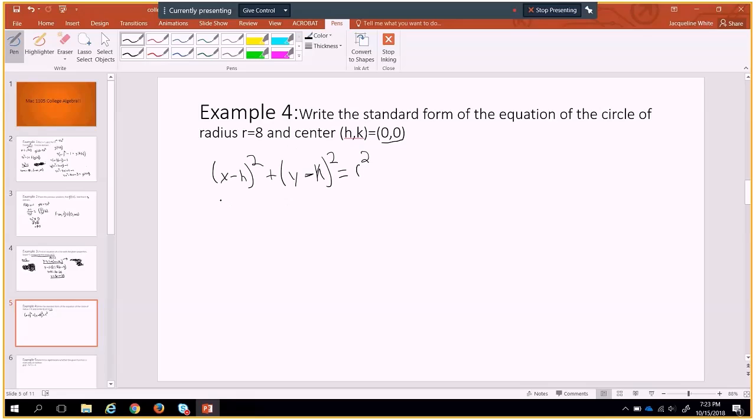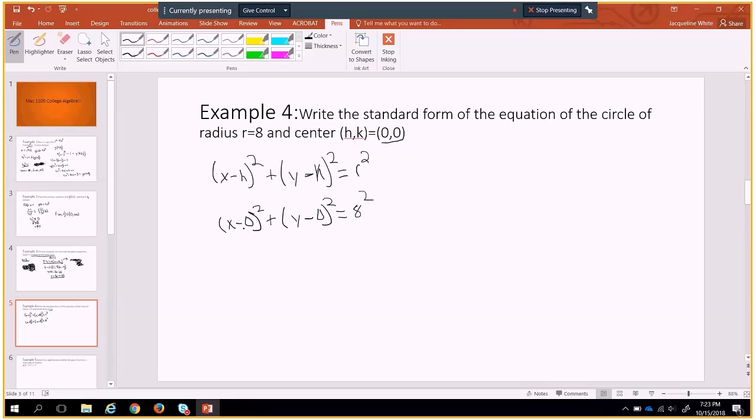So if we plug in all that information, we have (x minus 0) squared plus (y minus 0) squared is equal to 8 squared, right? To simplify that even further, x minus 0 just turns into x, and y minus 0 just turns into y.